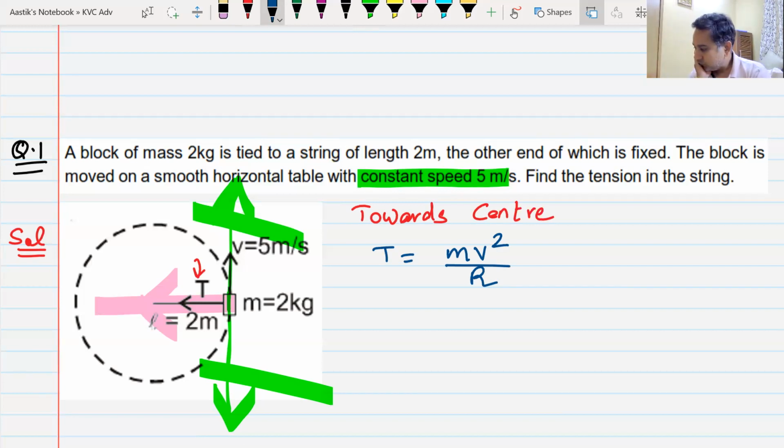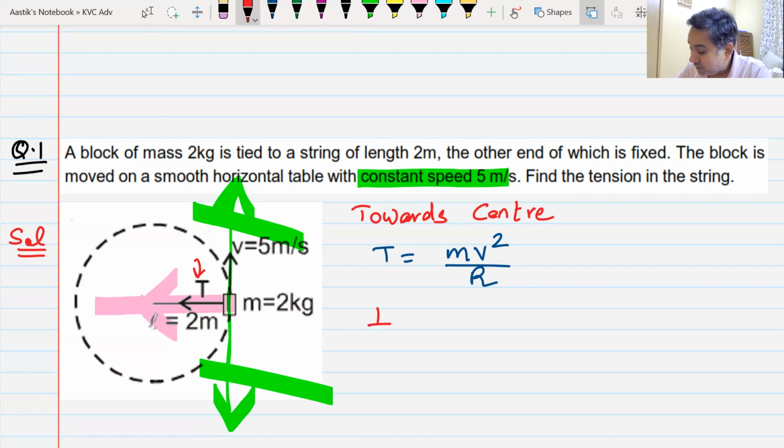Yes, sir. But wait, there's also one more equation that you can make in the perpendicular direction. What will that equation give you? This is the surface on which circular motion is happening. Yes, you will get the normal reaction.